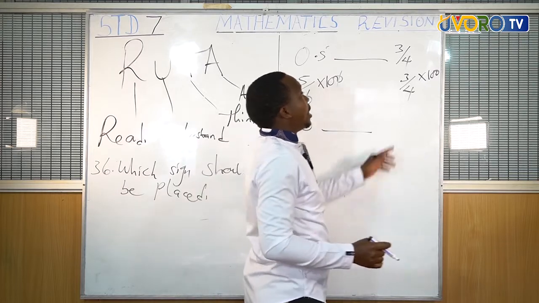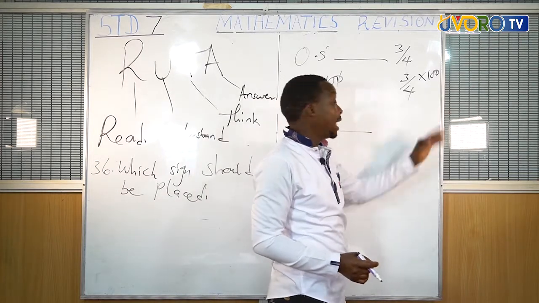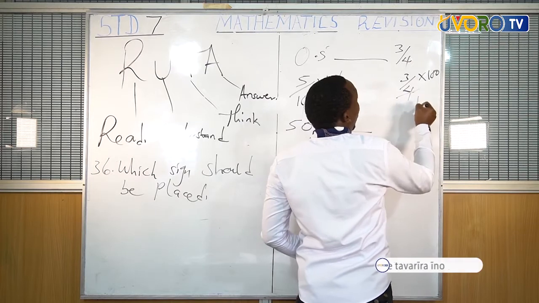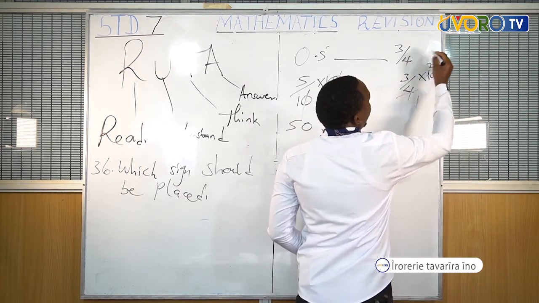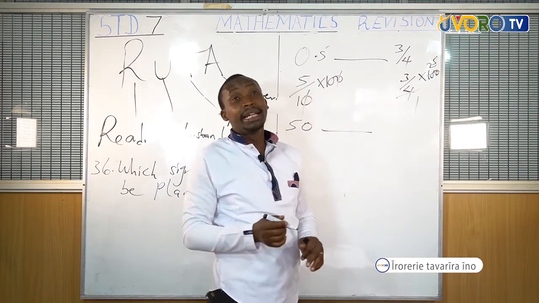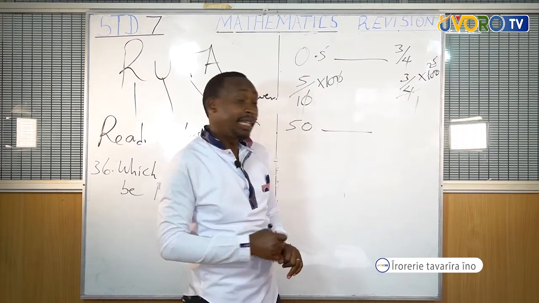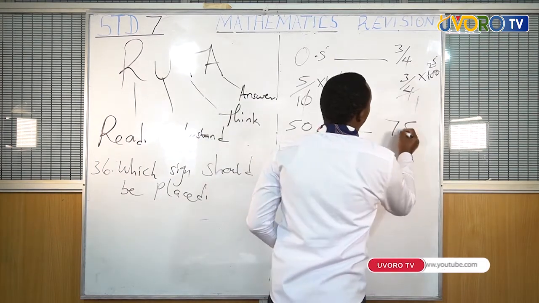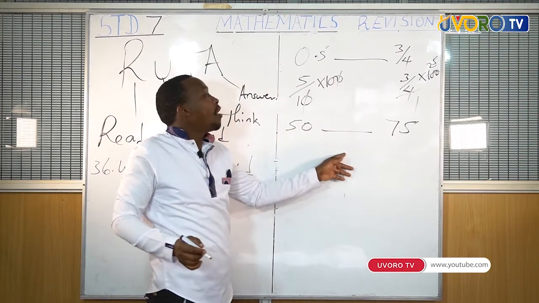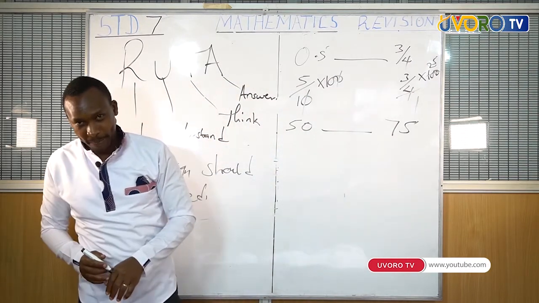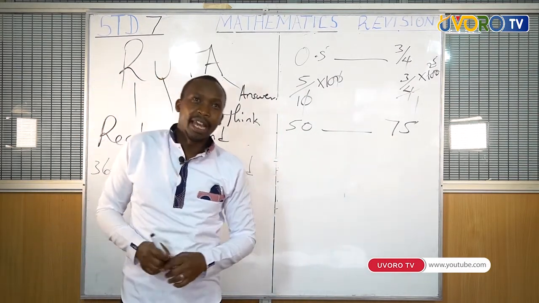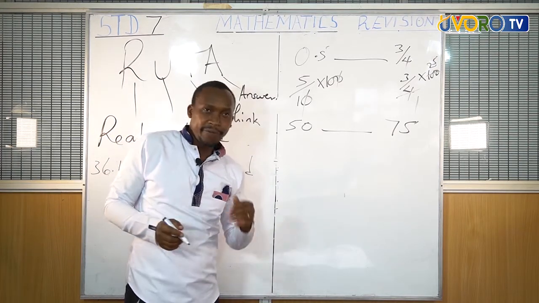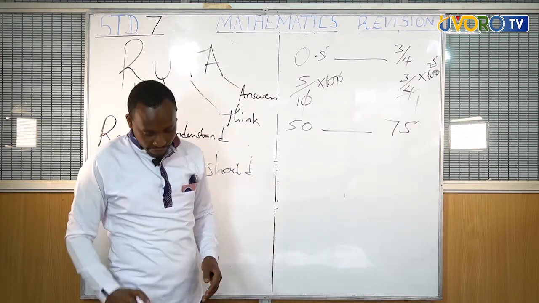Dash, 3/4 times 100: divide by 4, that is 25. 25 times 3 is 75. Very good. Now, is 50 more than 75? It is less. Very good.